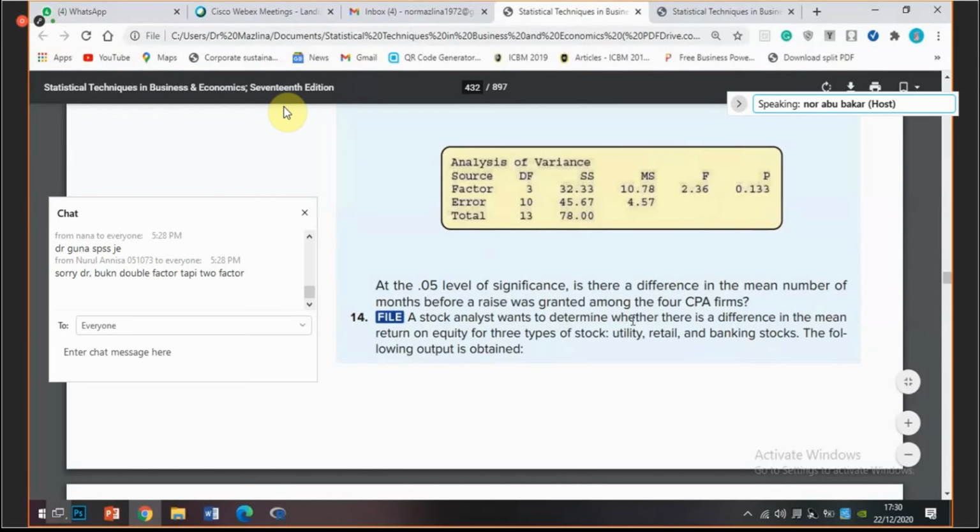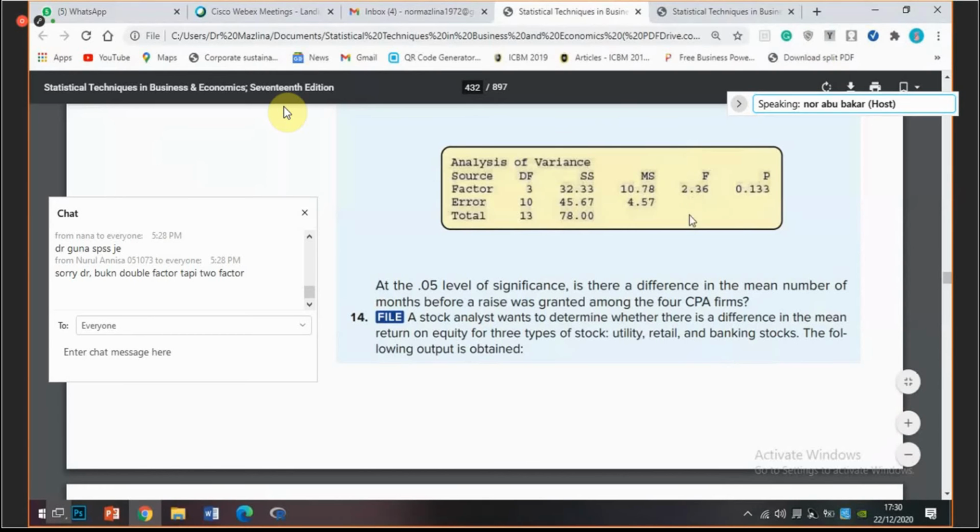But some people like to refer to the table. They look at the F distribution at 3 and 10, what is the critical value. And then they decide whether it's in the rejection region or non-rejection region.